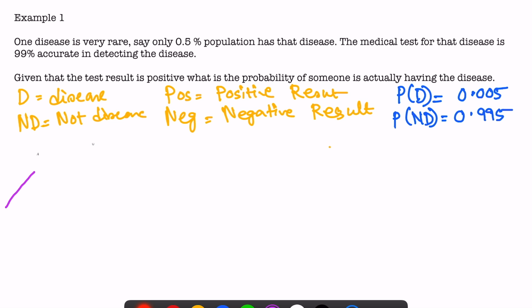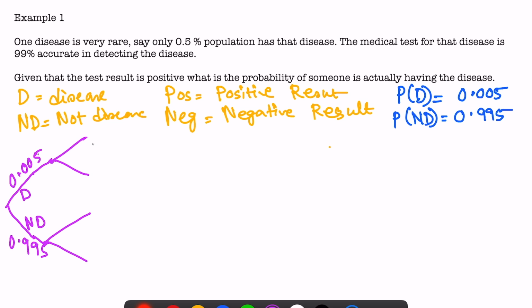So someone can have the disease or not have the disease. This is the disease path and this is the not disease path. So the probability of having the disease is 0.005. Probability of not having the disease is 0.995, right? So if someone is having the disease, there are two paths, right?